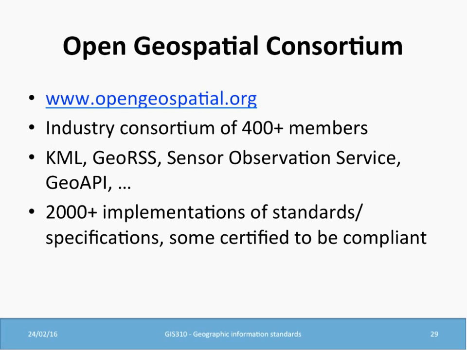These are a lot more technical standards, so these are ones that you would go and implement into your software, whereas ISO TC211 is a lot more high-level standards. They do certification for compliance. So they would tell you, for example, GeoServer is compliant with the WMS 2.5 specification. They would give this stamp of approval that says, yes, these guys implemented the standard.